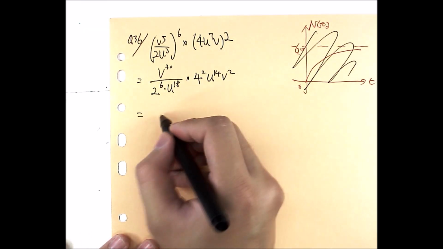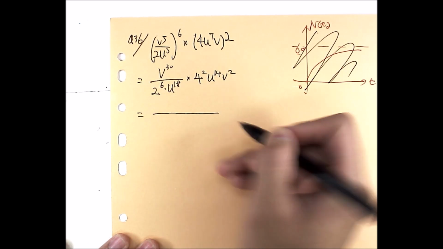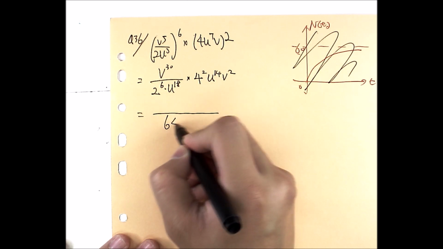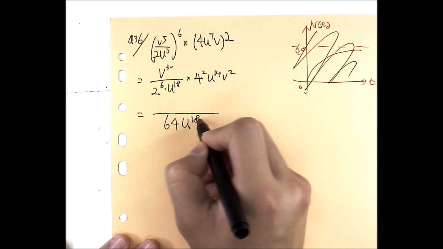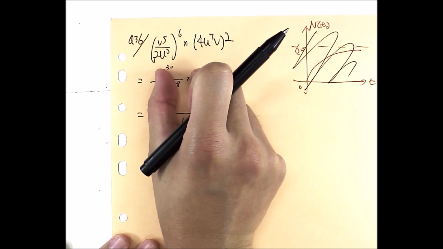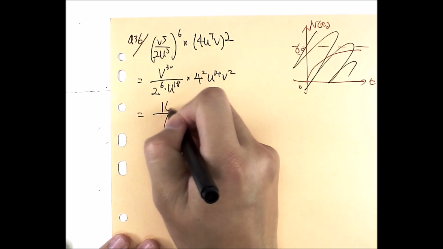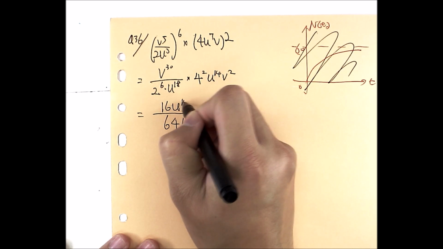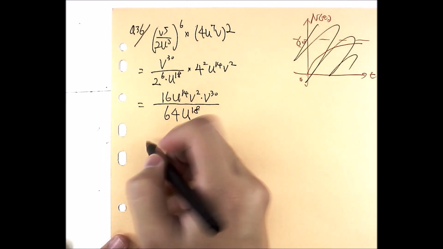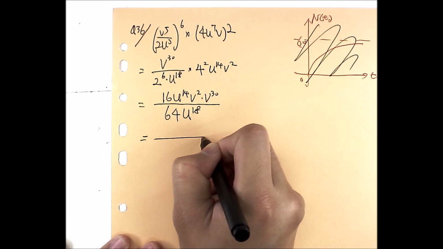So you can calculate the number first. 2 to the power 6 is 64, and then u to the power 18. Keep this. You can move all of these things to the above. Okay? It becomes 16 u to the power 14 v square, and then v 30. And then you can do the one more step to cancel.